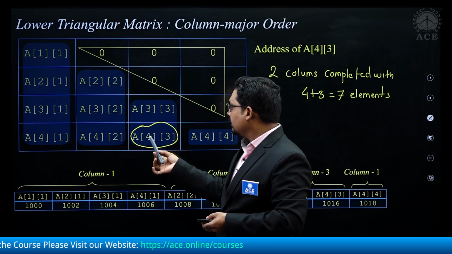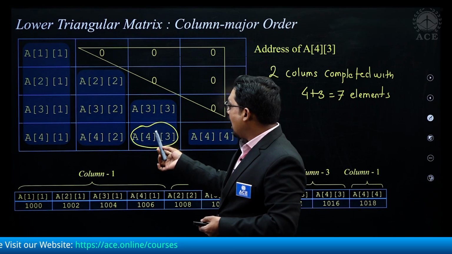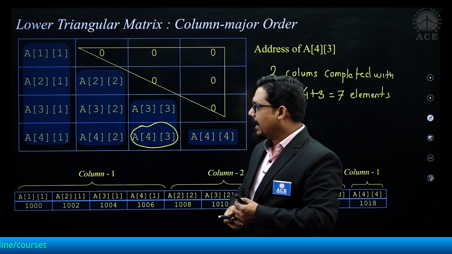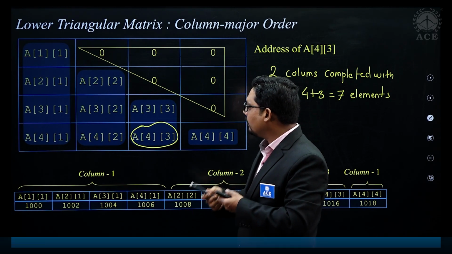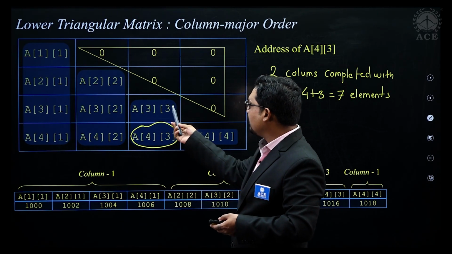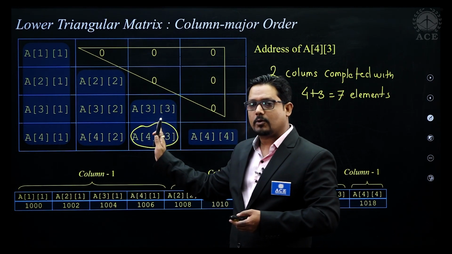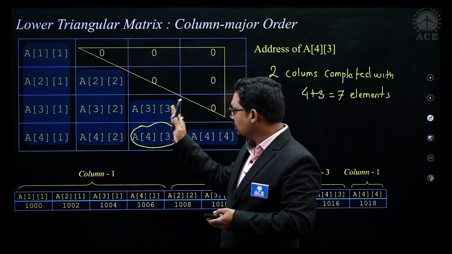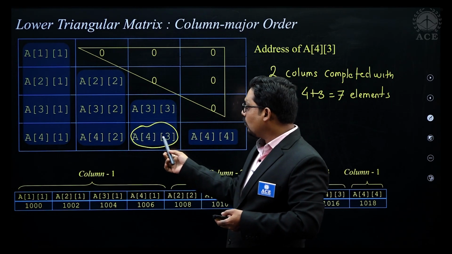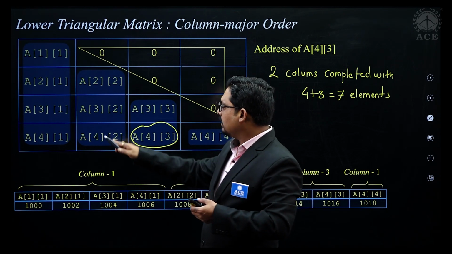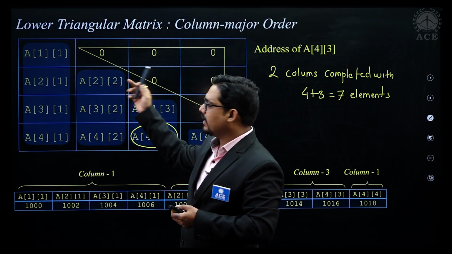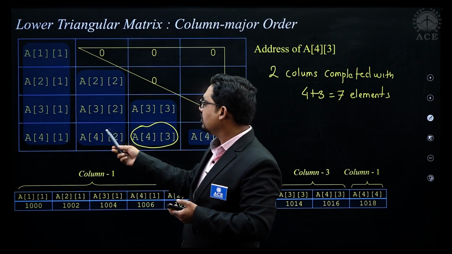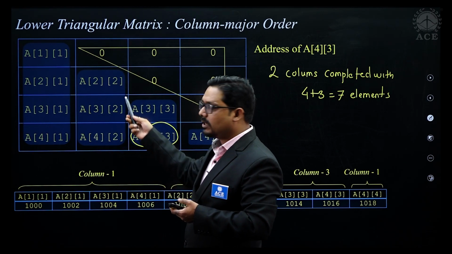Now we need to identify how many elements are completed in this column, and derive a formula for it. Before the 3rd row, no element is arranged for this particular column. Before the 4th row, 1 element is arranged. Before row 2, 0 elements are arranged, and before row 4, 2 elements are arranged.